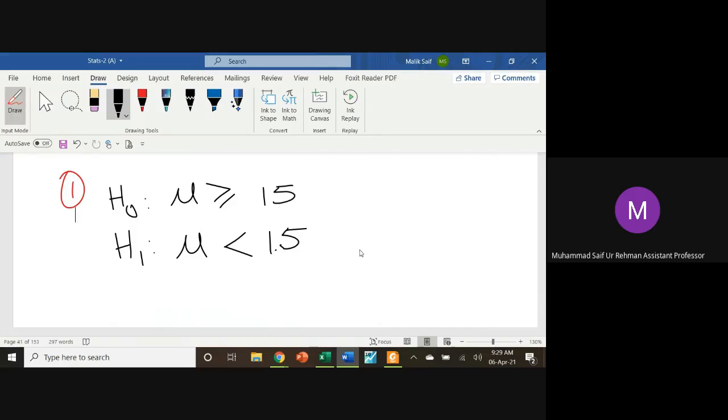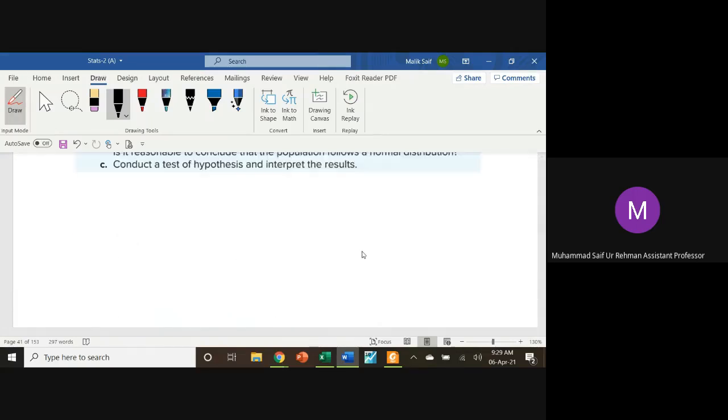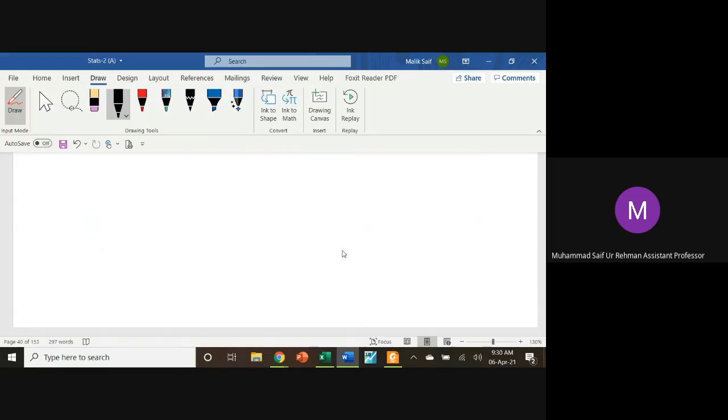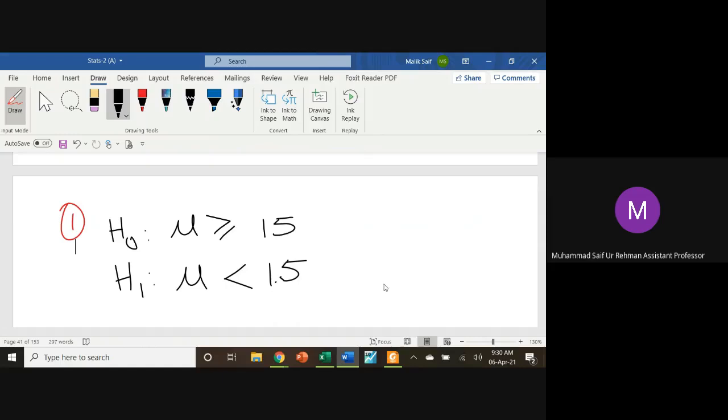Let us say the situation was like this. I'm rephrasing the question: can the watchdog agency conclude the mean number of complaints per airport is different, instead of less, is different from 15 per month? If the word different is there, then you will write down the null and alternate hypothesis using the equality and inequality sign. The equality sign definitely will be in the null hypothesis, and the inequality sign will be in the alternate hypothesis.